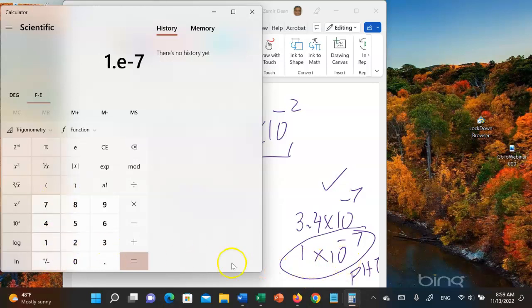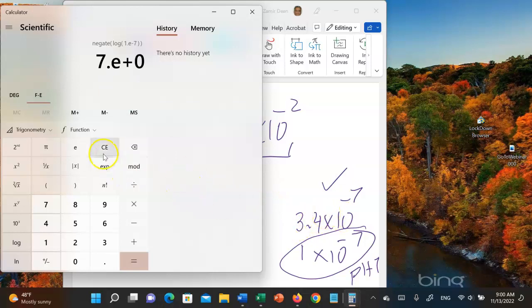That's 1 times 10 to minus 7. Now the pH should come out 7. So for pH, just click the log button, log. Okay. And now change the sign. And change sign button is this. This is called toggle. And there it is. That's your pH.